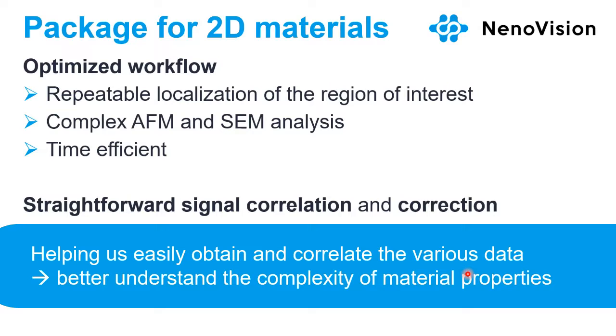So it can help us to easily obtain and correlate the various data and better understand the complexity of material properties and later on bulk properties or other devices which are created from it.